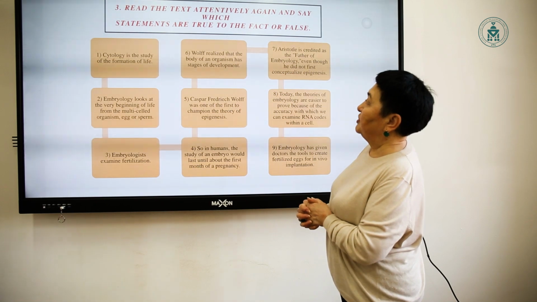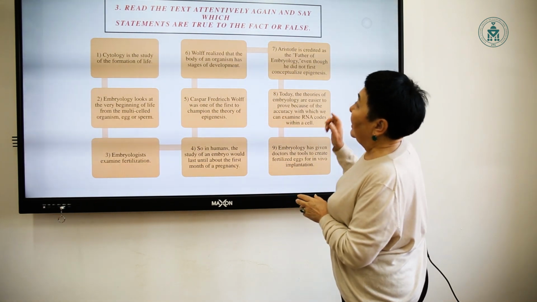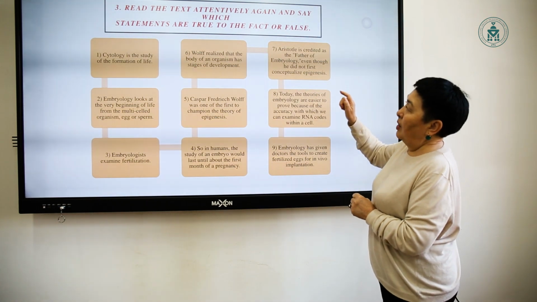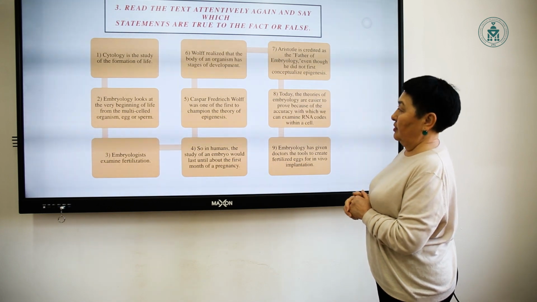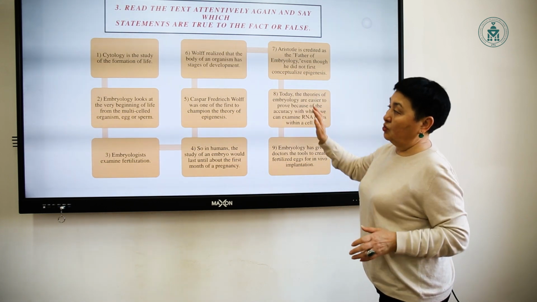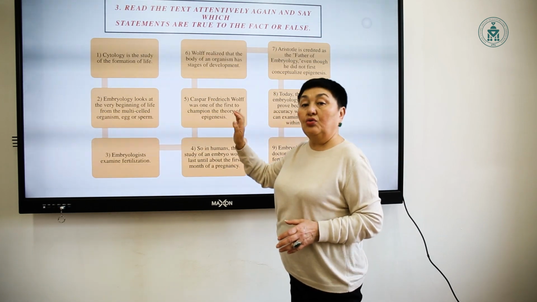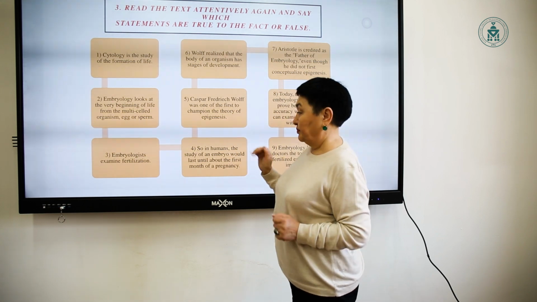They need to read the text attentively again and say which statements are true to the fact or false. Yes, they need to choose, first of all, read attentively and clear up which is false, which is true.